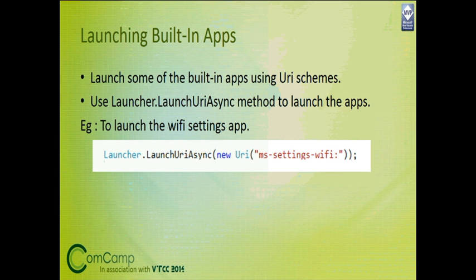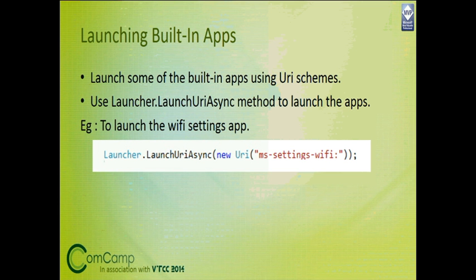For example, I want to launch the settings app of the phone device. I can do that using a launcher. I can also use a launcher to launch the SMS composer or an email composer app. We also have choosers, which can launch an app, get the data, and then get the data back to your application.